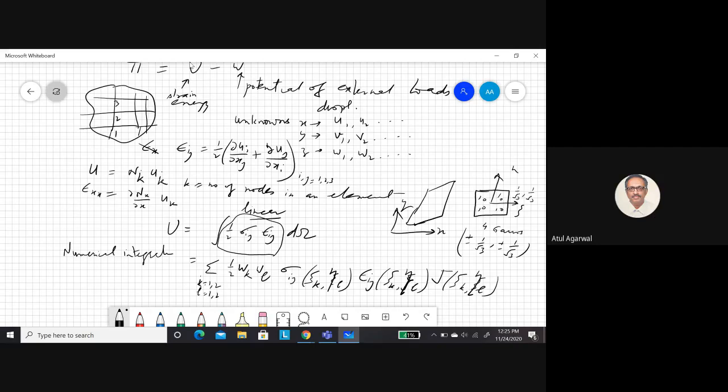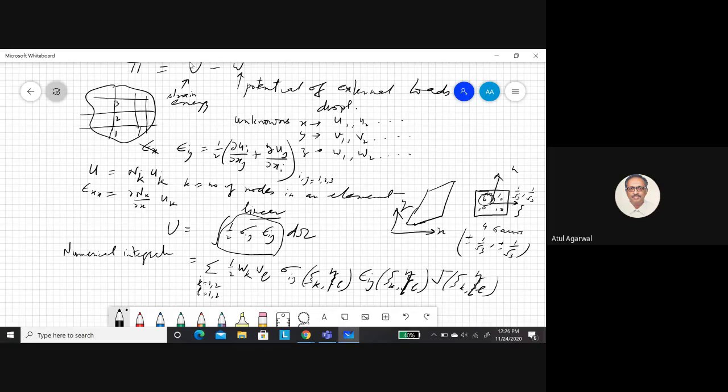You have to find stress at that Gauss point, strain at that Gauss point. Then you need the Jacobian at that point. So the Jacobian tells the volume around that Gauss point. So this will cover the volume. And these are the integration weights.